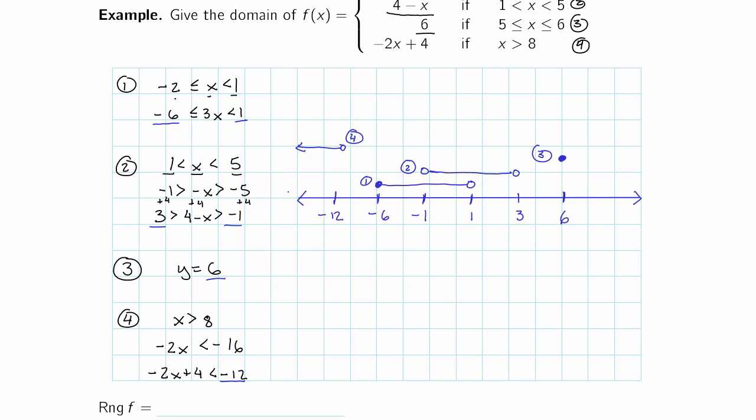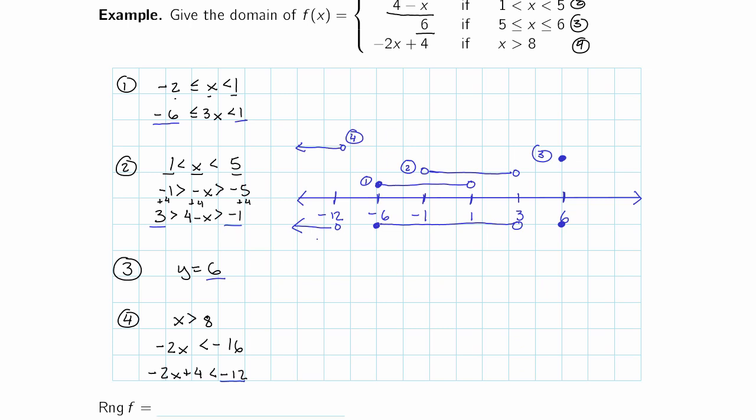I want to get all of the points that are in at least one of these. So I'll have all of the points to the left of -12. And then looking at these two overlapping pieces, I'll have -6. I won't have 3, but I'll have everything up to it. And I have all of the points in between there. And then finally, I have just the single point at 6.